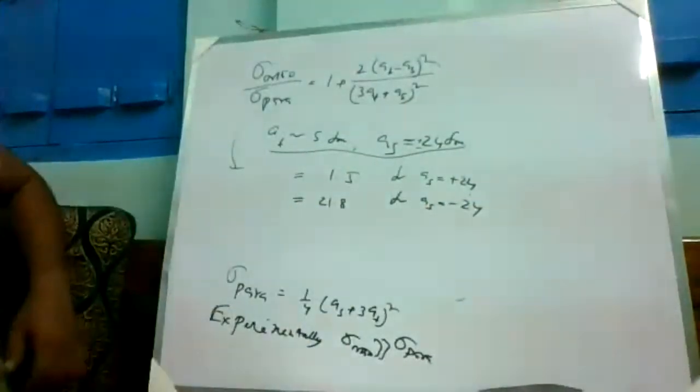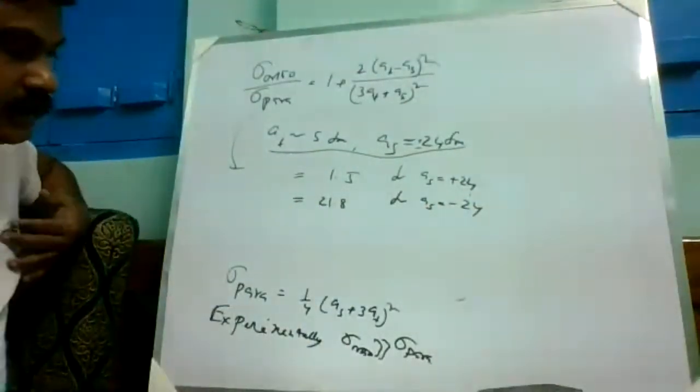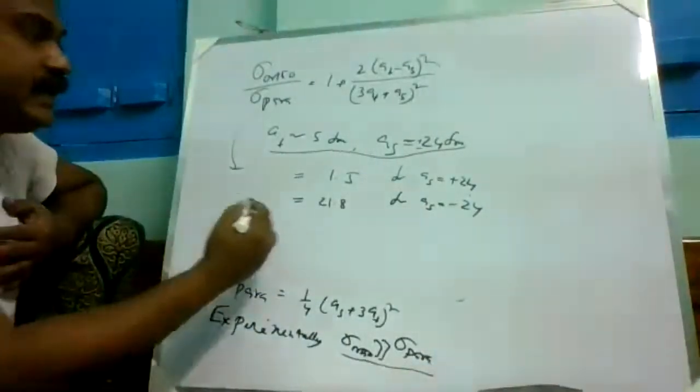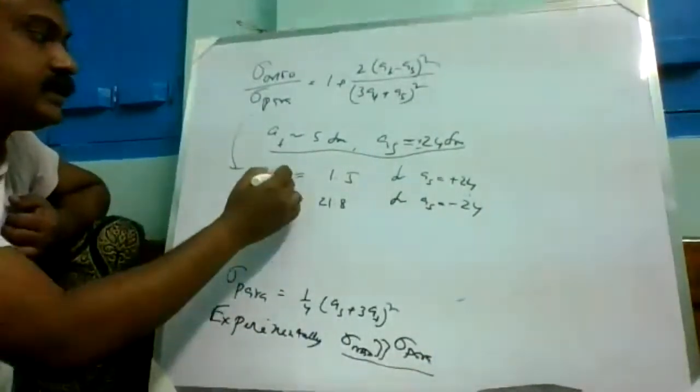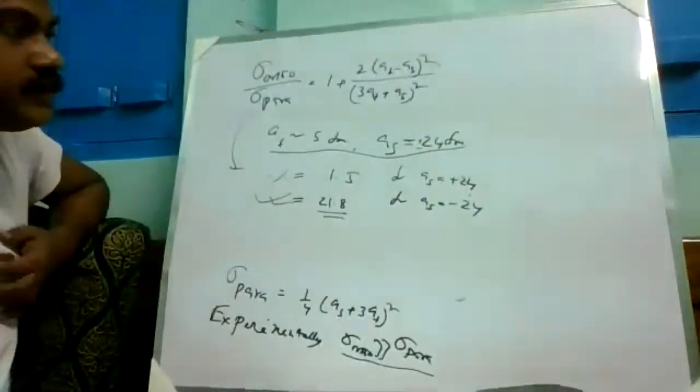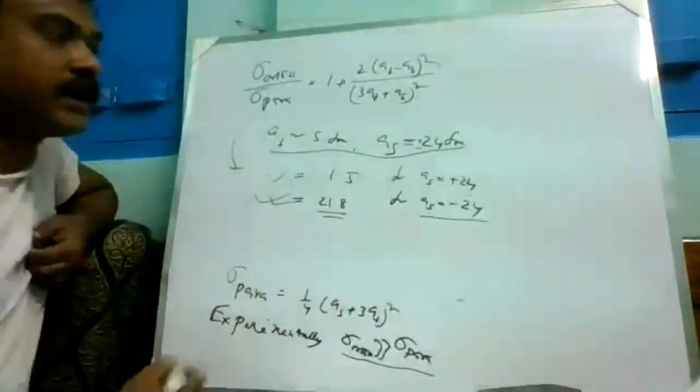Right? Now we have already said that sigma ortho is much greater than sigma para. So we will take this one, not this. We will discard this one. Take this one. And this value is obtained for A equal to minus 24.